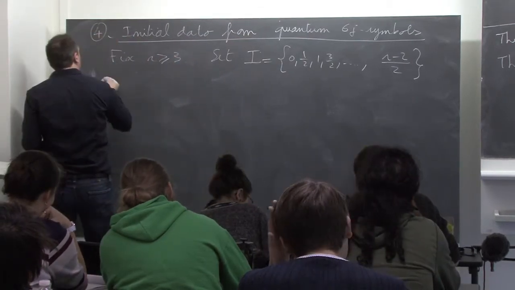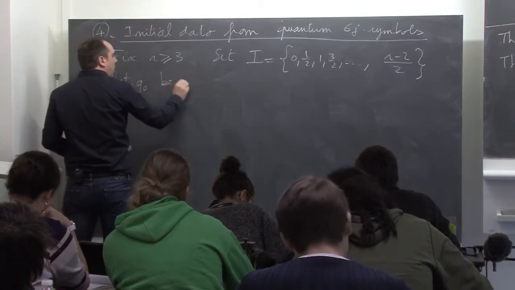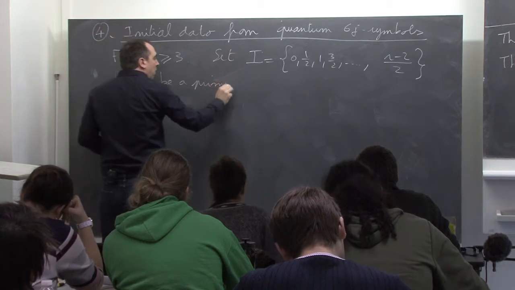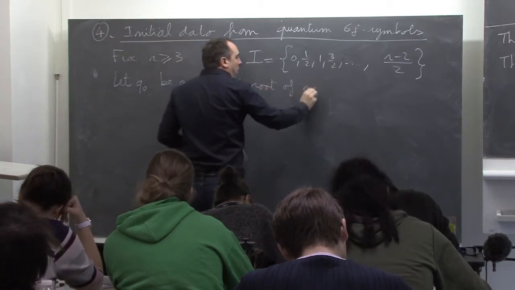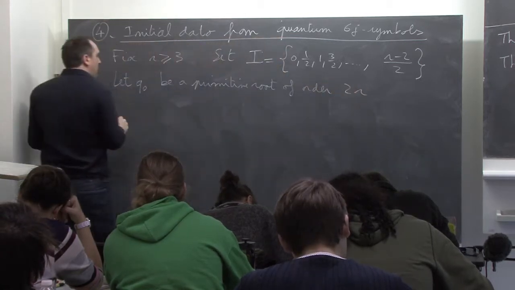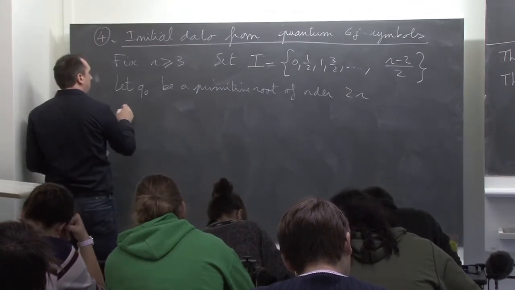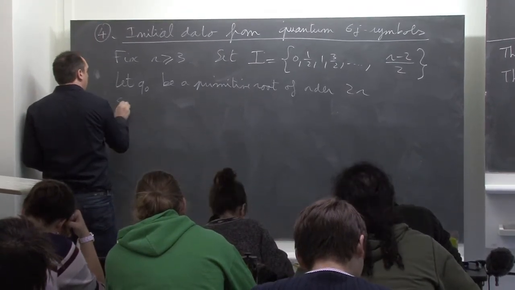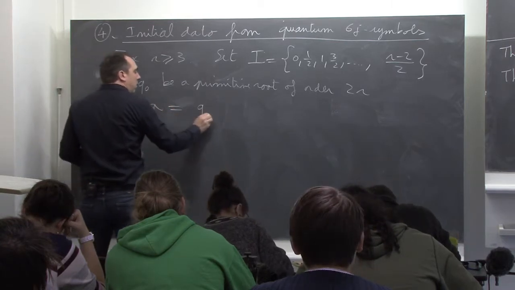And we pick, let q0 be a primitive root of order 2r, and set q is q0 squared.